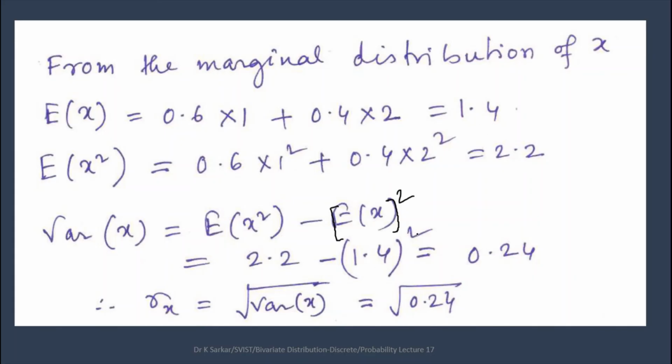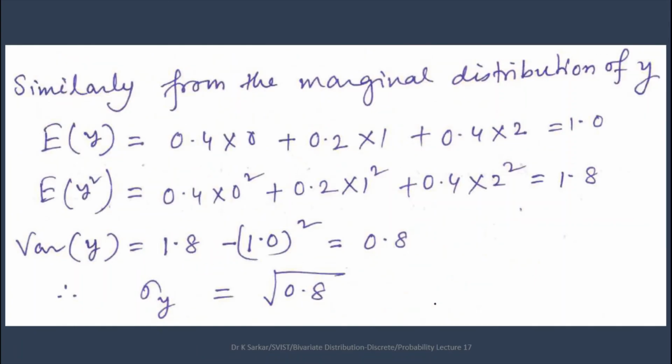So 1.4 whole square, and we are getting 0.24. So standard deviation sigma x equals square root of variance x, which is square root of 0.24. Similarly, let us find expectation of y square and variance of y, and then sigma y, which is square root of 0.8.